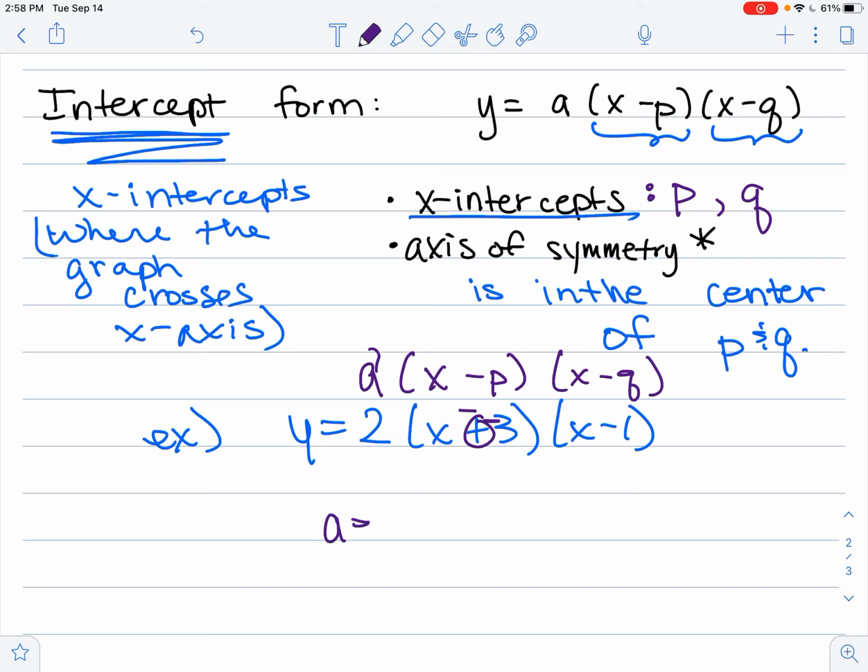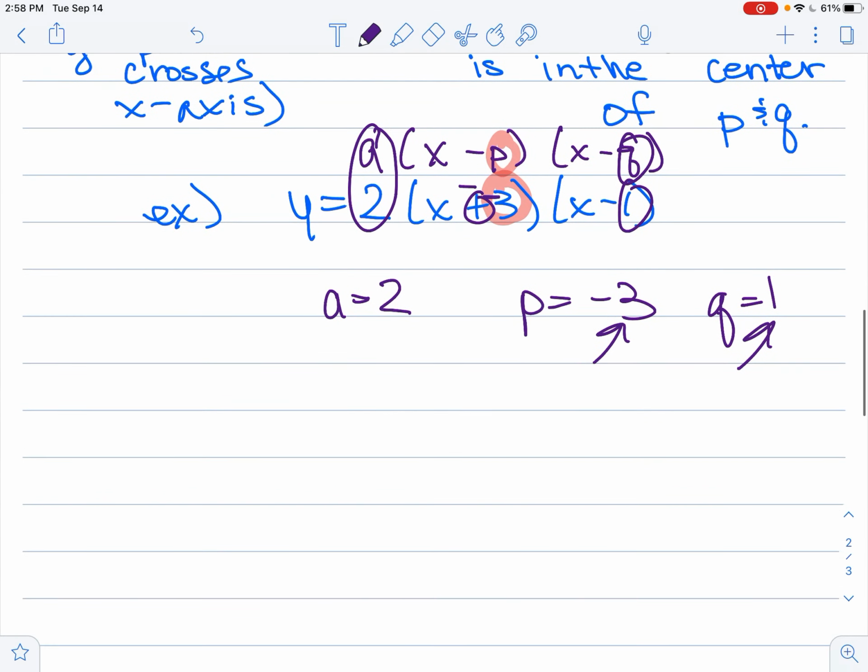So a equals 2, p is negative 3, and q is 1. So these are x-intercepts, and we know 2 is going to go up. I go to negative 3 on the x-axis and positive 1.